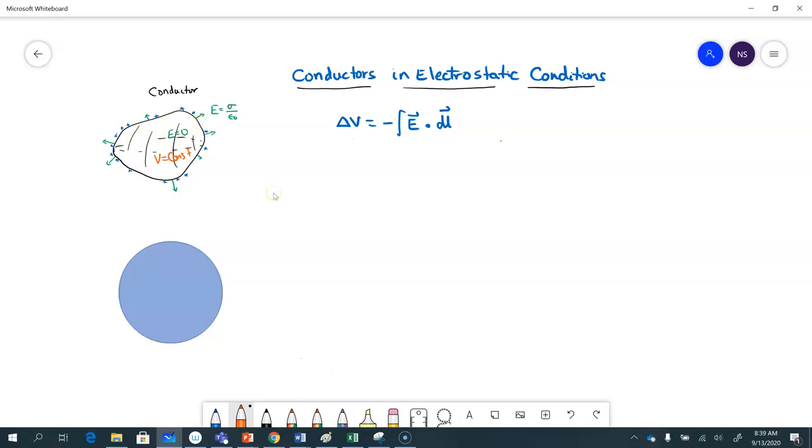Or in other words, we say that a conductor is an equipotential. You see, a conductor is an equipotential. If you want to call it an equipotential volume, you can say that the whole body of the conductor is at one given potential, and that's why you hear the term the conductor is raised to a certain potential, right?